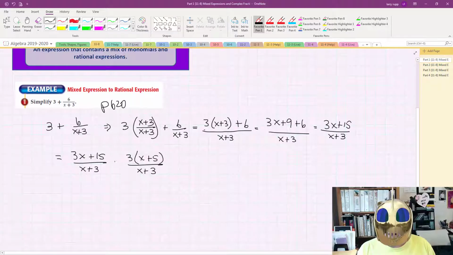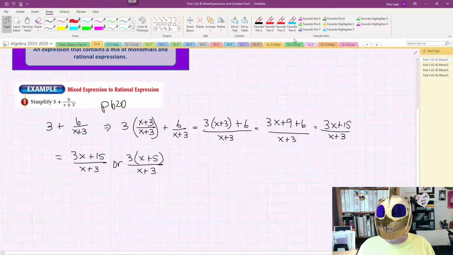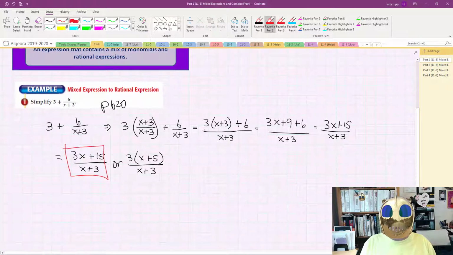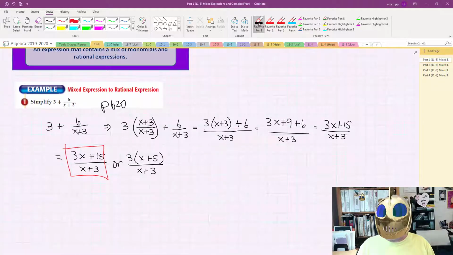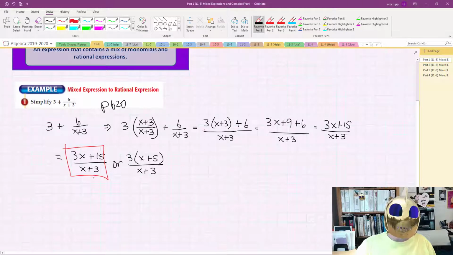Either one of these is satisfactory for me. The book goes with this version of the solution, which makes sense because it doesn't have any parentheses in it. Now, if you could factor out an x plus 3 over here, then the x plus 3's would cancel, and that would make it worthwhile, and you would have just 3 left over. But as it stands, 3x plus 15 over x plus 3 is your final answer for example 1.